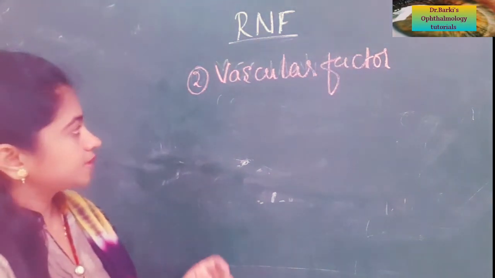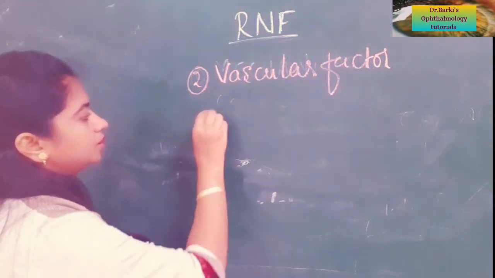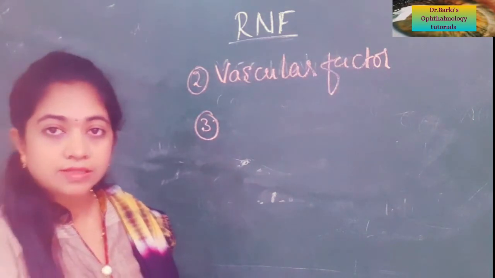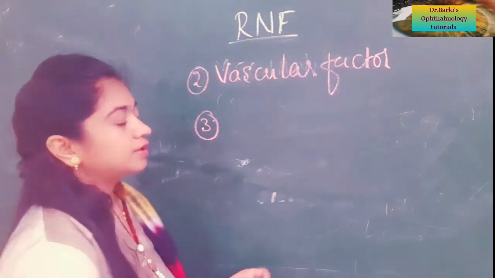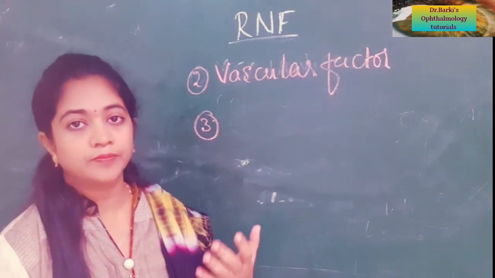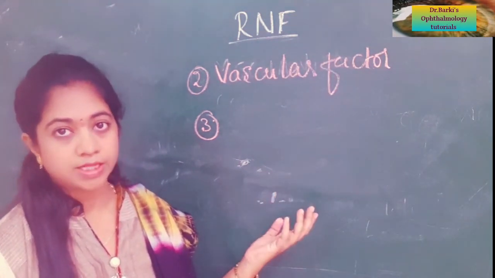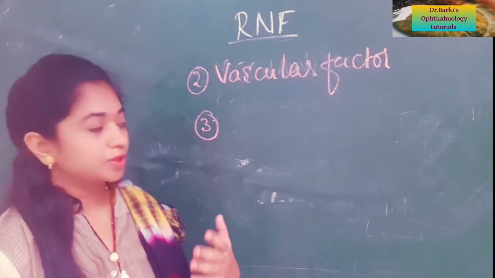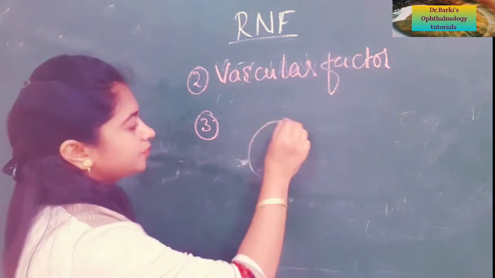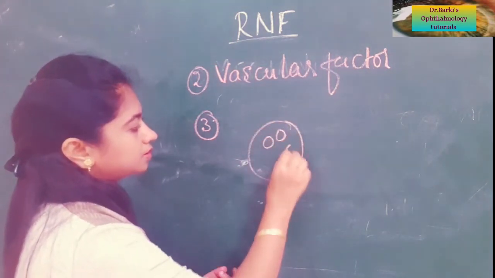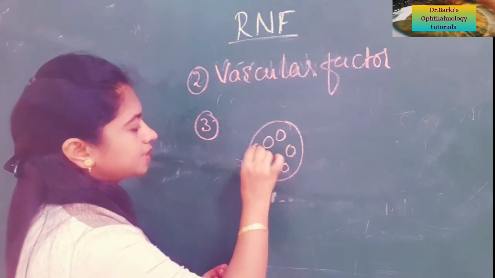And one more factor is seen in some cases of glaucoma where there is no increased intraocular pressure or there is no vascular compromise, but still there can be glaucoma. That is seen in patients where the optic disc has larger fenestrations.